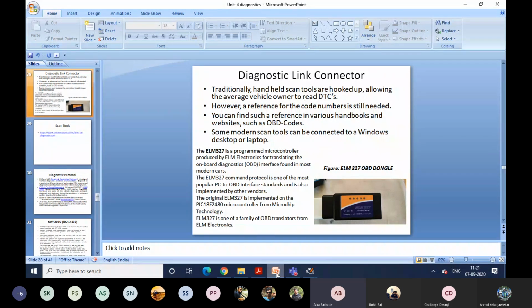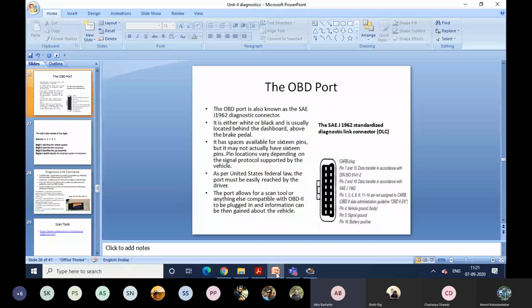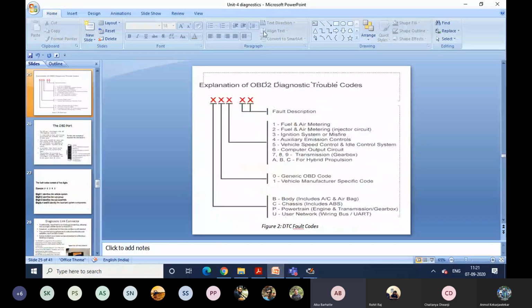How the codes are interpreted and represented, we have just gone through. Tables are provided already representing the code and its interpretation. Usually that code is a 5-digit code, where the first character always represents the subsystem of your vehicle, and the detailing is represented by the other 4 digits.